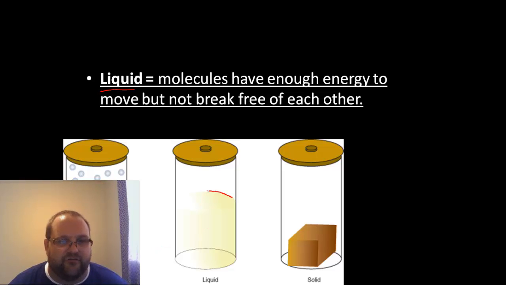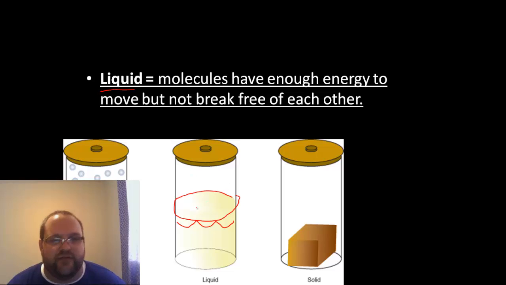So in a liquid, this is not a very good diagram of a liquid, but in a liquid here, draw little waves, that liquid can take the shape of whatever container it's in, because the molecules aren't stuck together tight enough to keep them from moving. They're able to form to the container. Okay, so they have a definite volume but an indefinite shape. They form whatever container they want to.